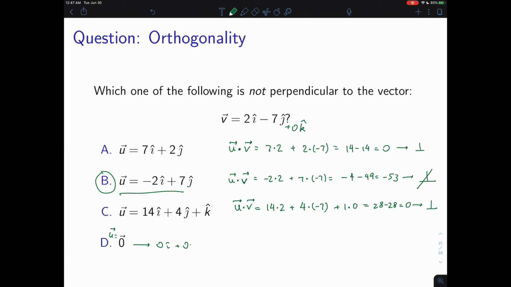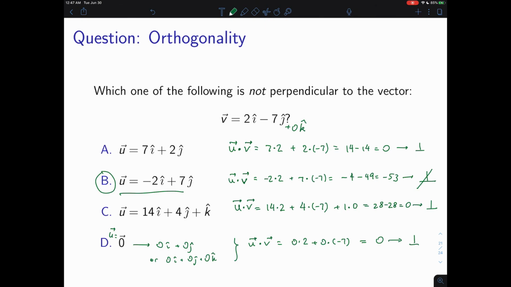And over here, the 0 vector means 0i plus 0j, or I guess 0i plus 0j plus 0k. Either way, u dot v is just 0 times 2 plus 0 times minus 7, getting 0. And those are perpendicular.